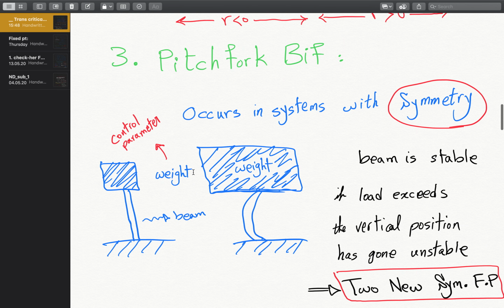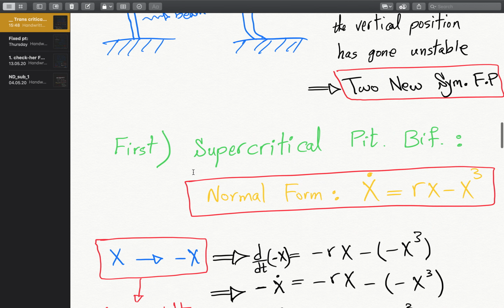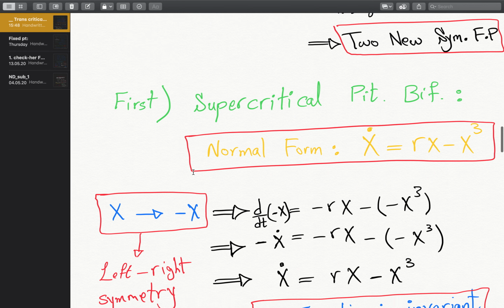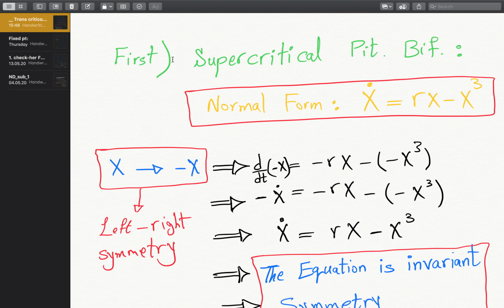So this pitchfork bifurcation has several kinds, but we talked about two main ones. One of them is the supercritical pitchfork bifurcation. You see that all of them come from this differential equation form.